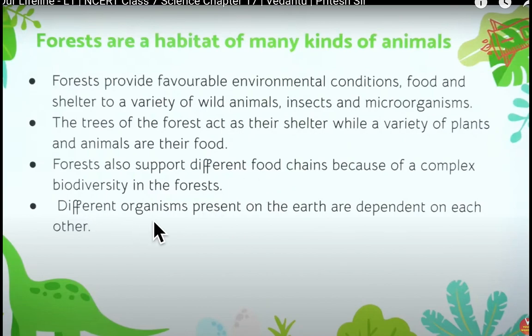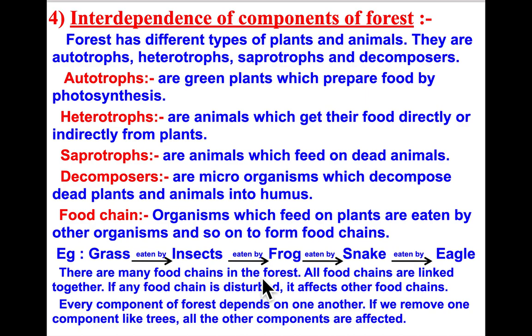The different organisms present on the earth are dependent on each other. Therefore, interdependence of components of the forest. As you know, the forest has different types of plants and animals. Among plants and animals, they are autotrophs, heterotrophs, saprotrophs, and decomposers.